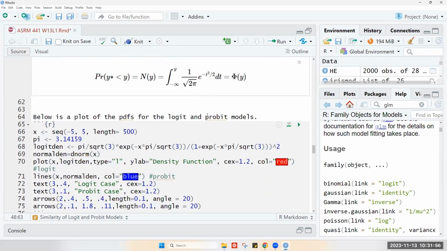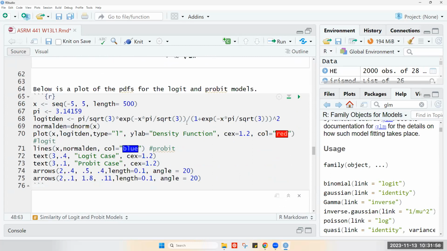I plotted the PDFs for the logit and probit models here. I'll go through the code and then show what the plot looks like. So I created a sequence of x values from -5 to 5. I inputted a value for pi. And here we have the formula for the distribution of the logit. There's some pi's and square root of 3 in here. That has to do with the mean and standard deviation of the logit.